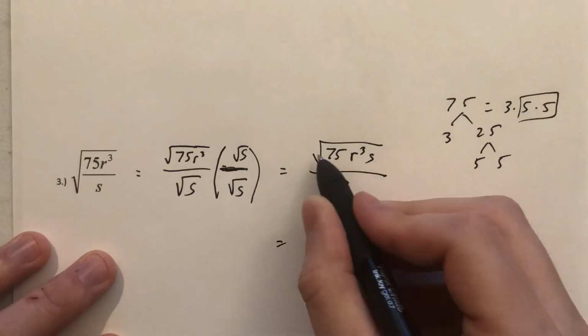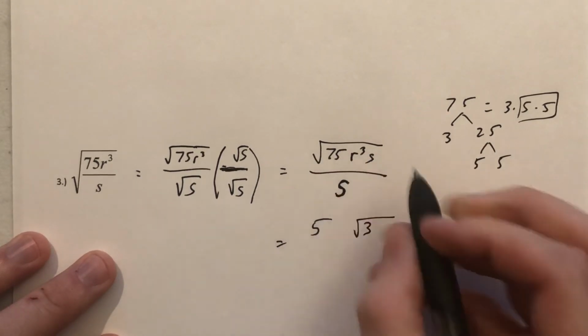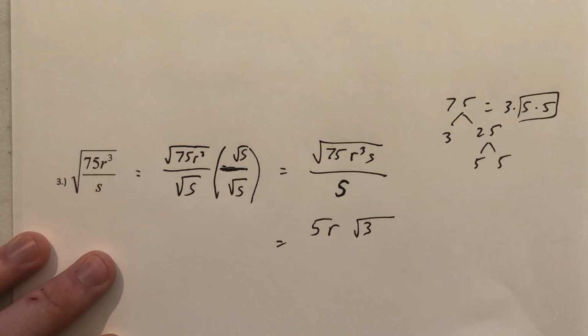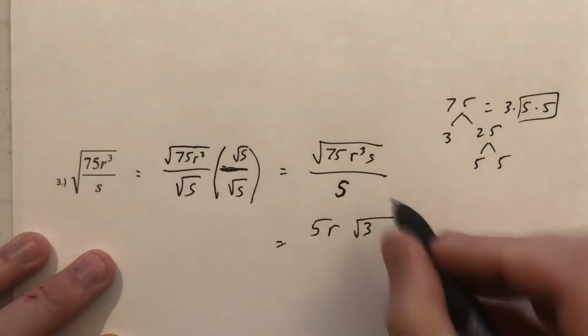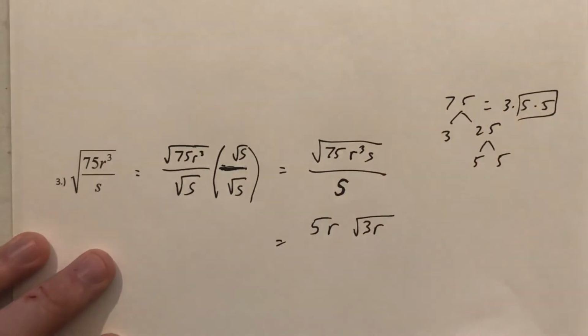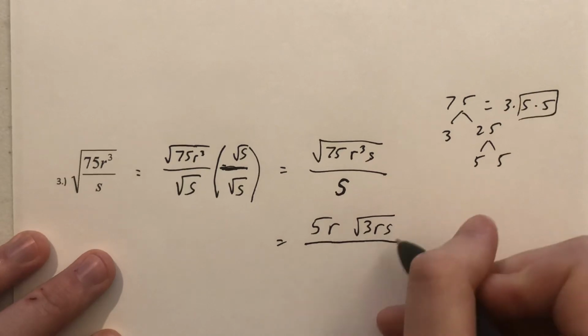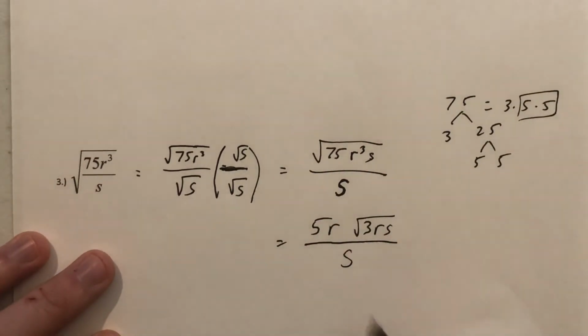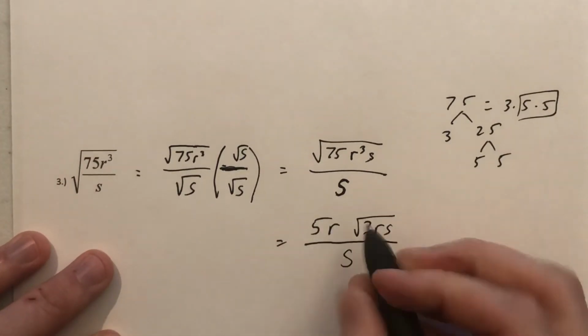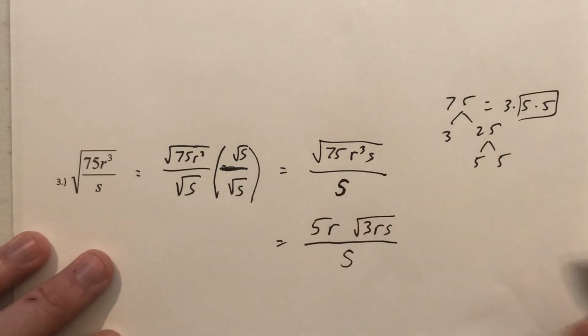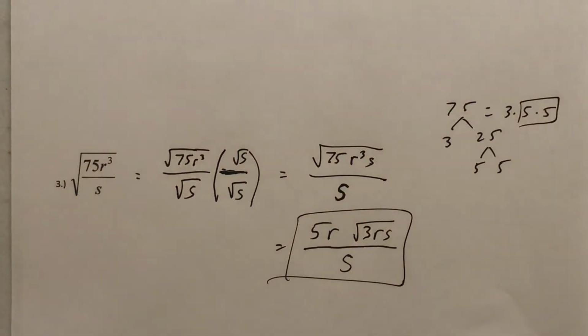Square root of r cubed, you want a pair of r's. Well, there's a pair of r's in there to come out as a single r. So you pull 2 of them out for 1 r, and there's 1 r left over inside along with that 1 s. So we get 5r times the square root of 3rs over s. Again, don't confuse that with a 5. And so in this case, nothing out here cancels. So that would be our final answer.